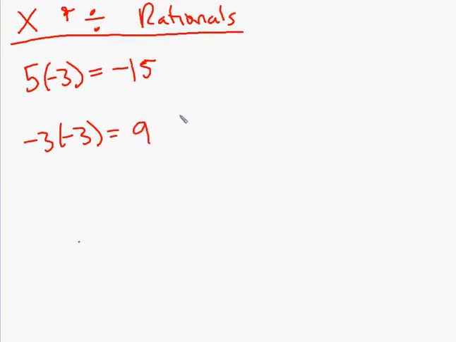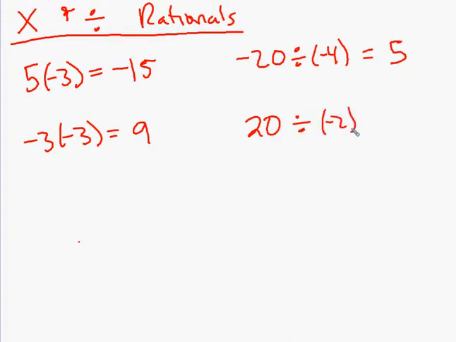So we'll want to keep that. Same thing if we're dividing. So if I had like negative 20 divided by negative 4, I would get positive 5. And if we had, say, a positive divided by a negative, we would get a negative. Okay, so just an example.